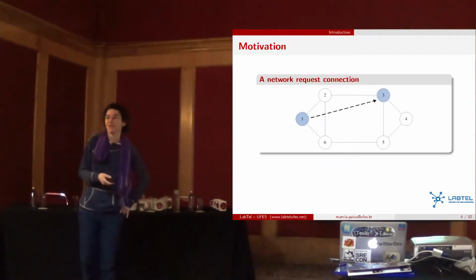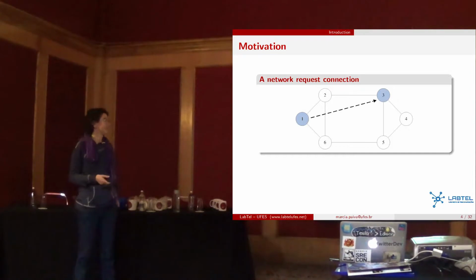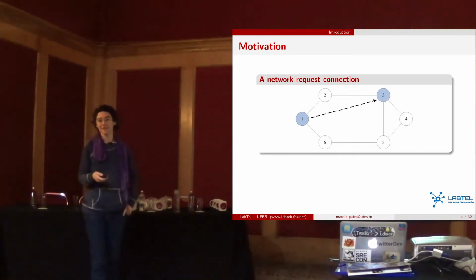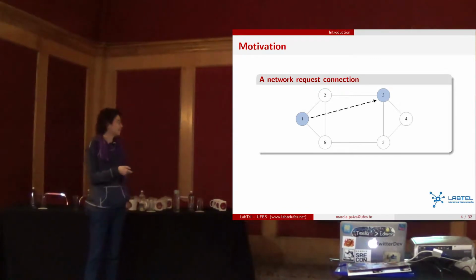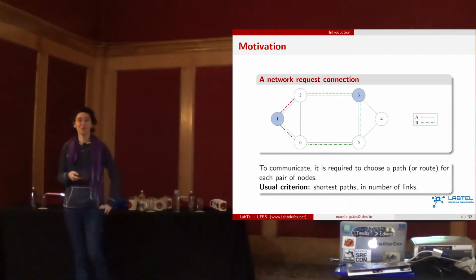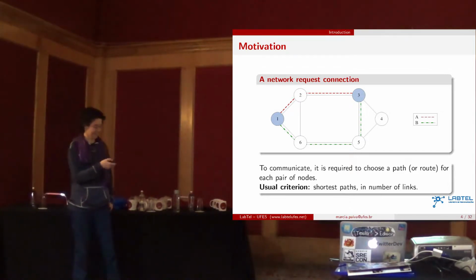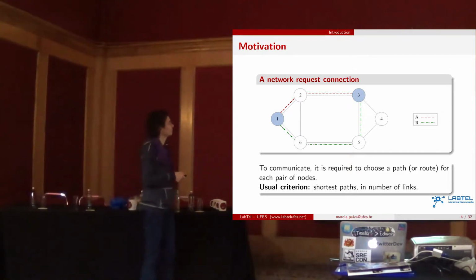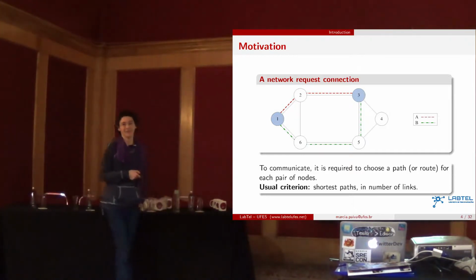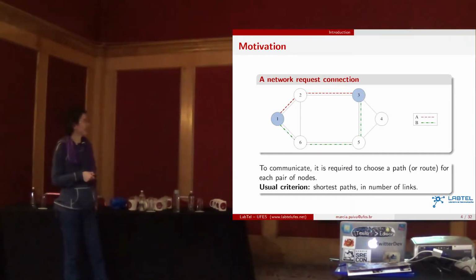In telecommunications, in order to exchange data, we need to make a connection request, and for that, we need to choose a path. For instance, in this small network, if you want to communicate from node 1 to node 3, we can choose path A that has 2 links, or path B that has 3 links.